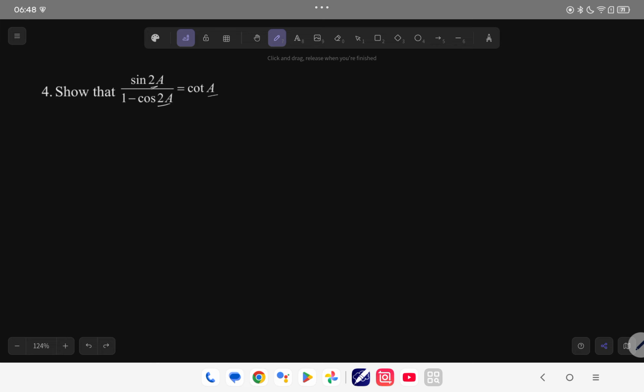Cot a is cos a over sine a, so in the denominator we have sin A on this side.